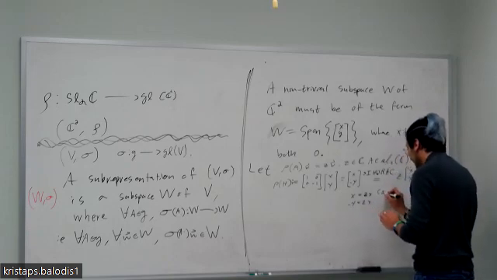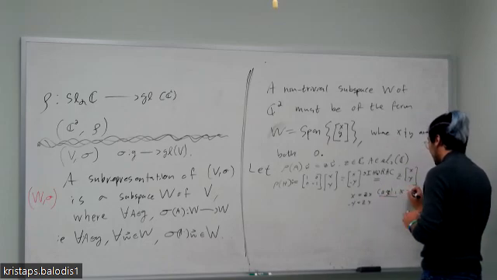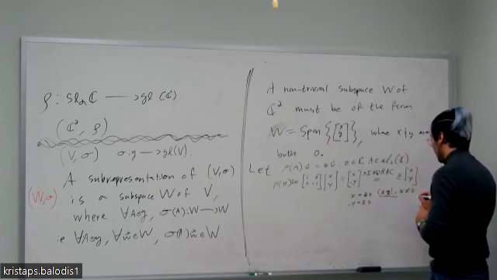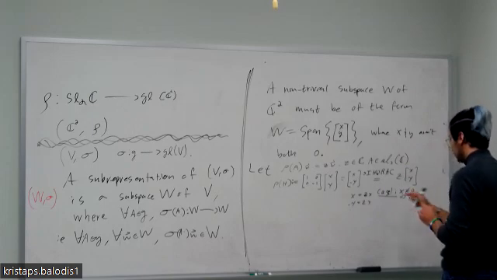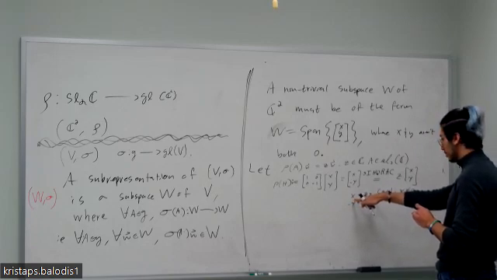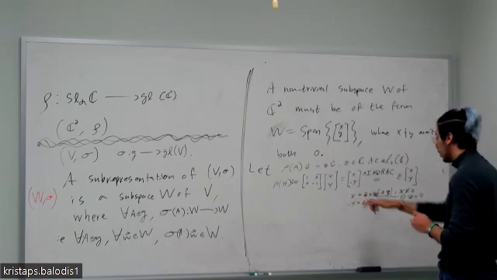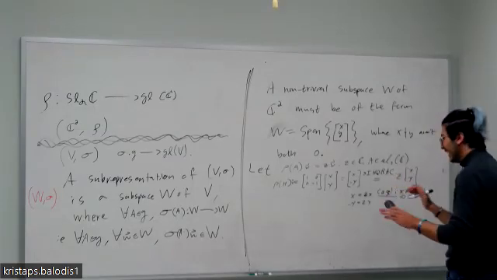Case 1: X not equal to 0. That would imply that Z is equal to 1, because I divide both sides by X. X divided by X is 1, sorry.